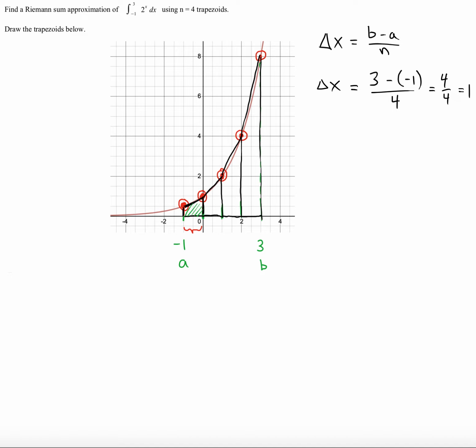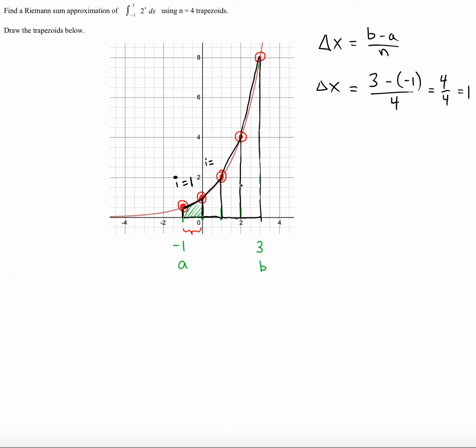We want to figure out what the area of each trapezoid is. So a table could really help us to do that. This is going to be trapezoid number 1. This is trapezoid 2 and 3 and 4. So let's list our trapezoids.